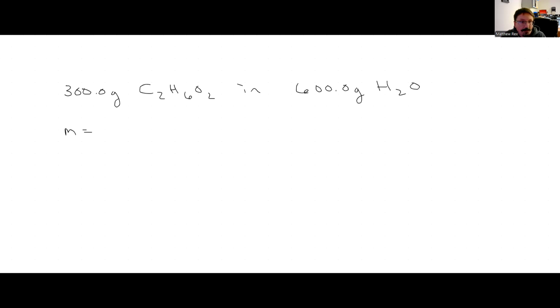So I'm going to take 300 grams divided by 62 grams per mole. That's going to equal 4.8387 moles.